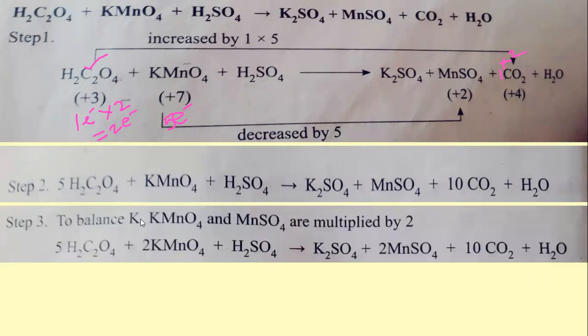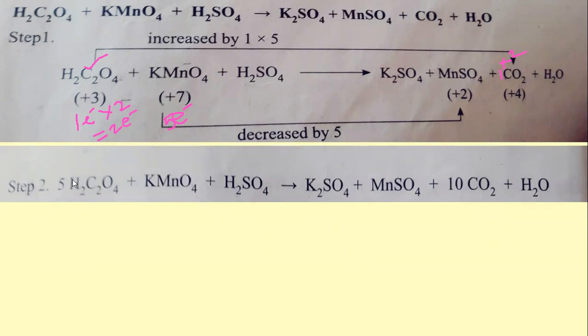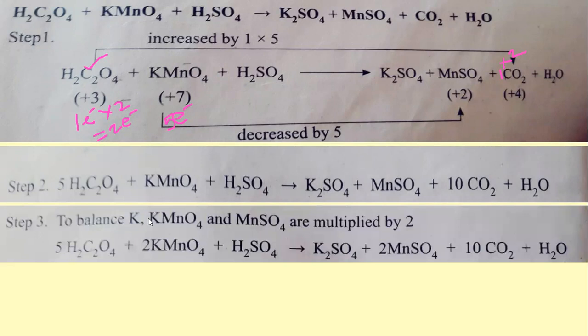See, in the next step we have to balance the potassium. We have to go by each element. So first we concentrate on which element is present first, like that. We have to go in the same order. Okay. So now in the next step we have to balance the potassium, that is KMnO4 and MnSO4, multiplied by 2.